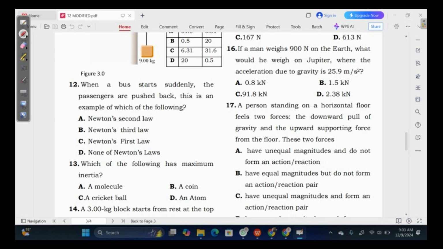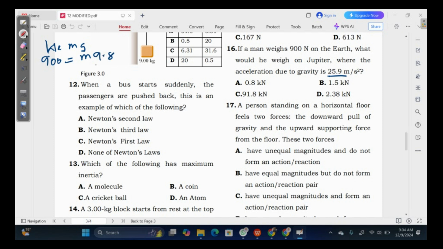So here I've been given the weight, but I need to find the mass. So I'll have weight is equal to mg. I know that the weight is 900. The mass I don't know. The acceleration due to gravity on Earth is 9.8.